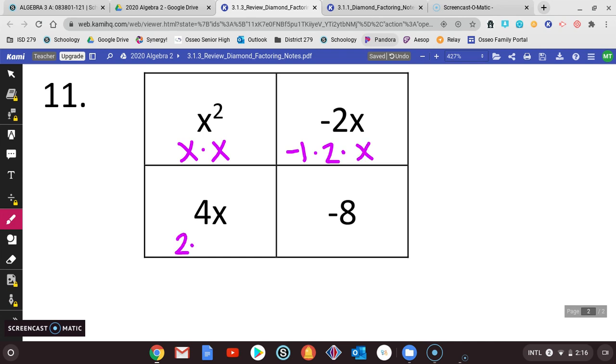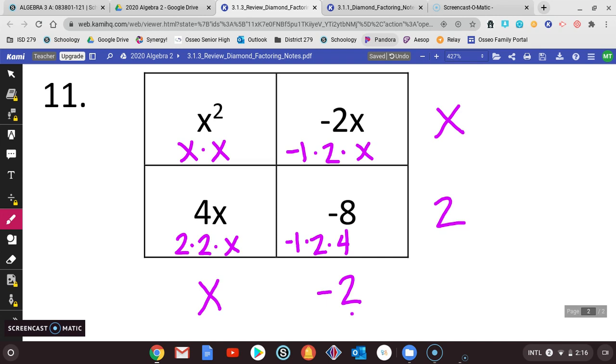And if you don't need to do all of this work, you do not have to. Sometimes it might be helpful. That's it. Okay. So across, I only see an x. Here I only see a 2. Here I see an x. There I see a -2.